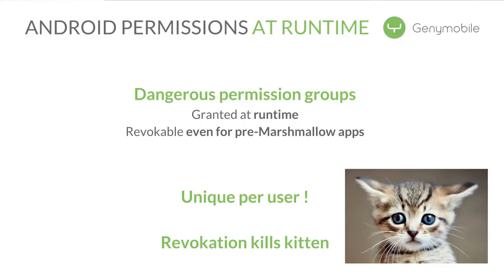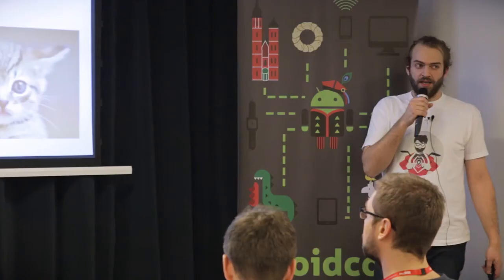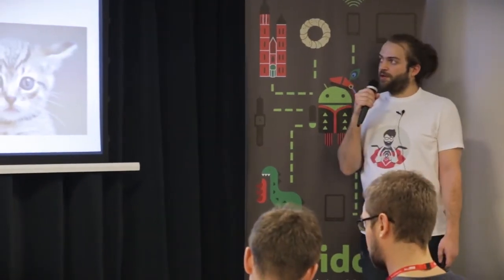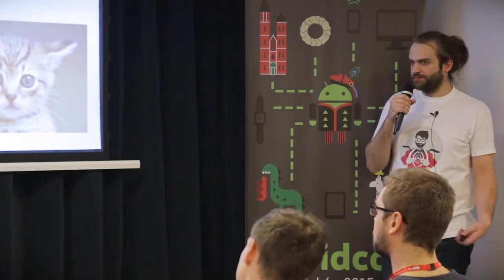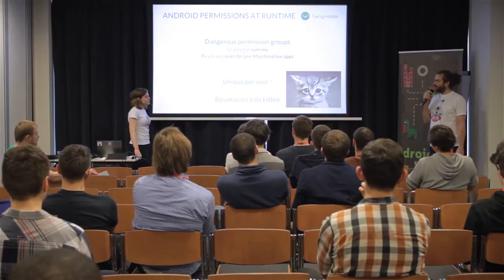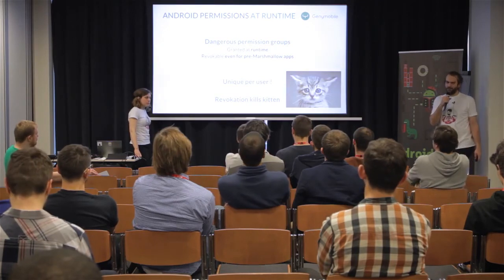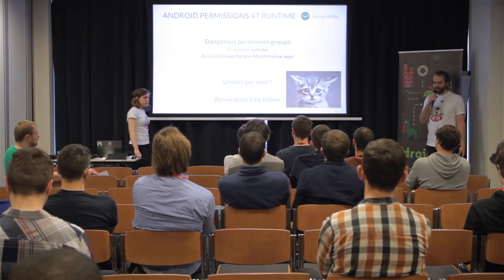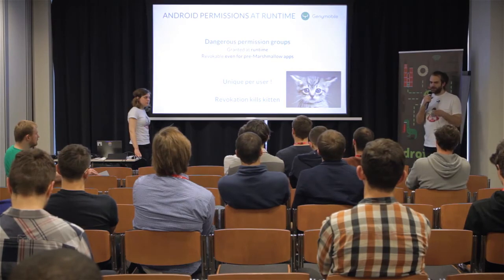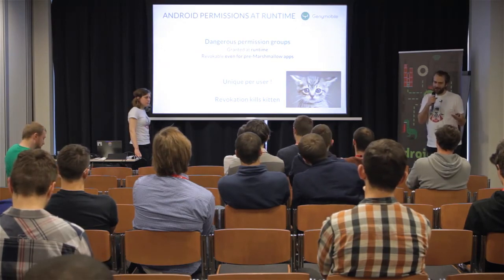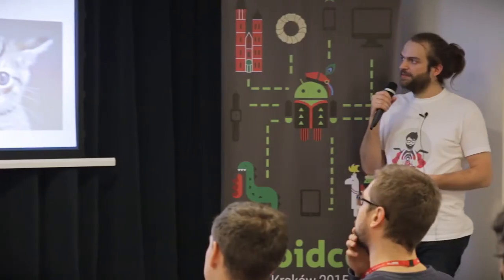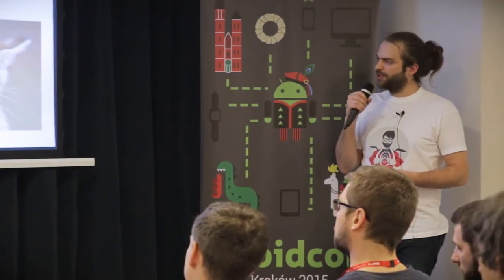Okay, so what happens at runtime? Basically at runtime we get a grant for dangerous permission groups, or permission groups that hold dangerous permissions. Those permissions are revocable. Those are unique per user, so on a multi-user system, runtime permissions get granted only for the user that actually granted them.